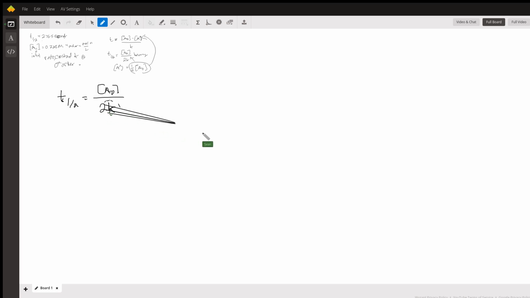And then you just need to isolate the rate constant K. So I multiply both sides by K. Then I divide both sides by half-life.